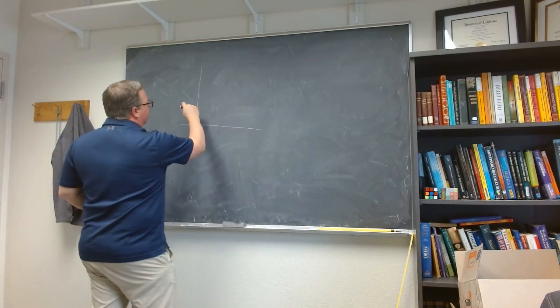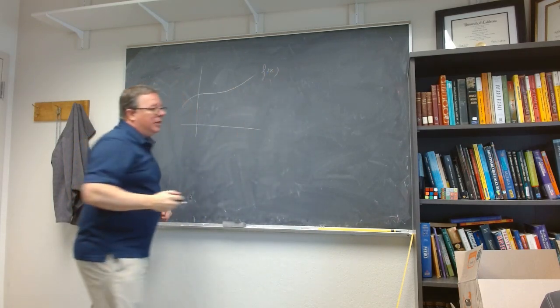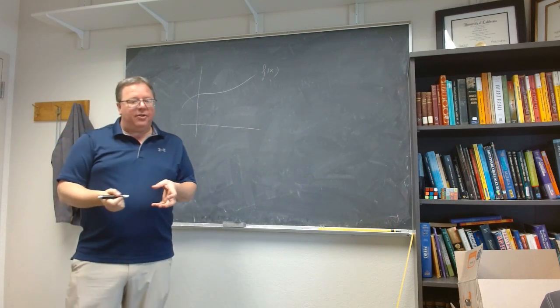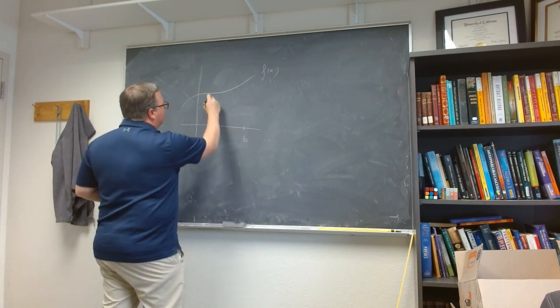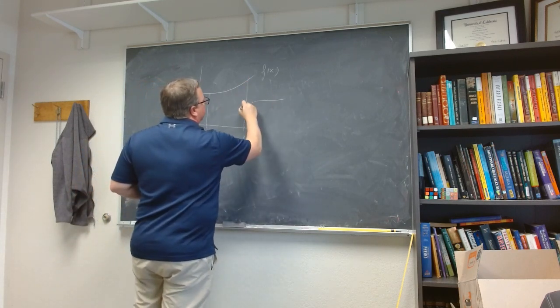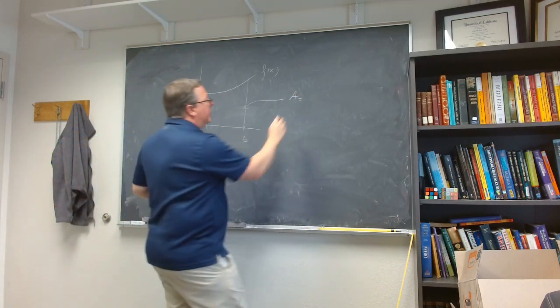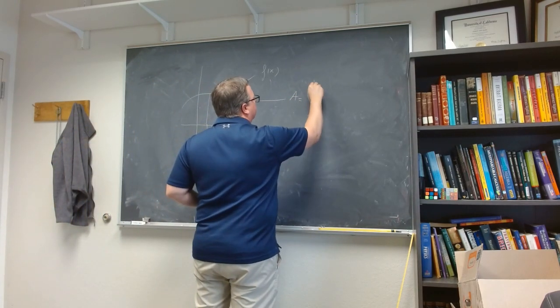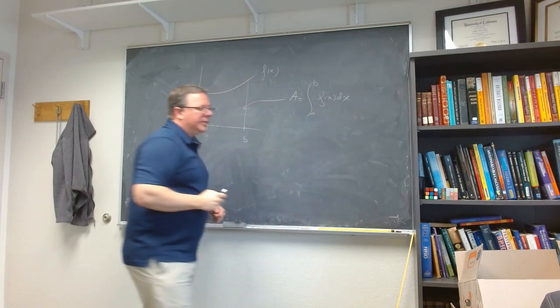If we start with a function, and we ask the question, what is the area under the curve between points A and B? This area is defined to be the definite integral from A to B of f of x dx.